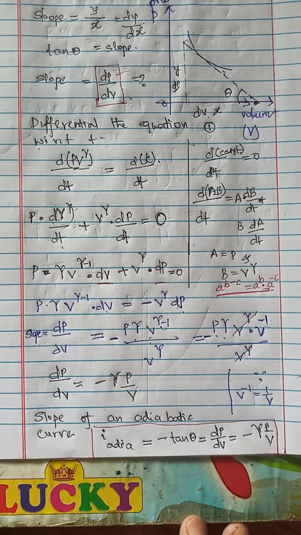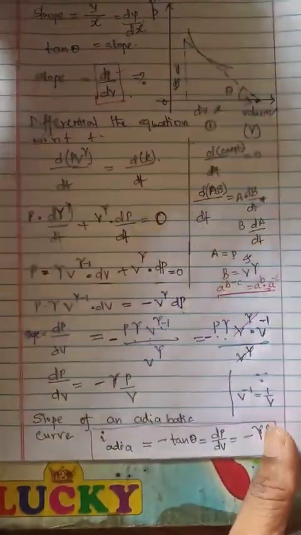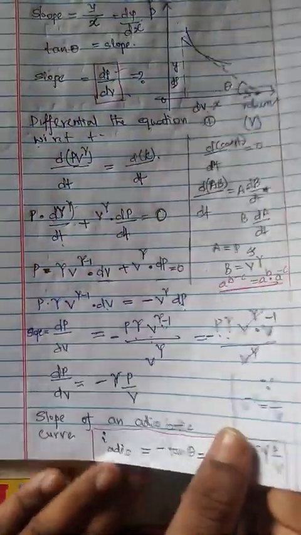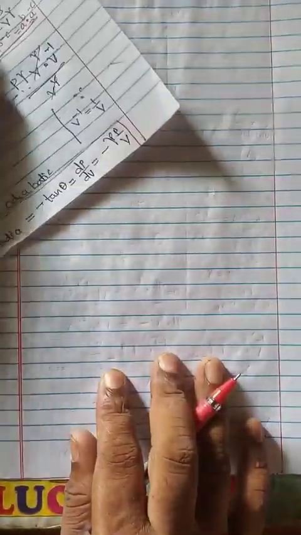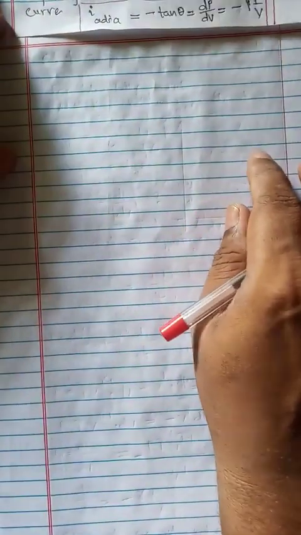Now let us try to study more about the slope of an adiabatic curve. Now we got what is I adiabatic. Correct?